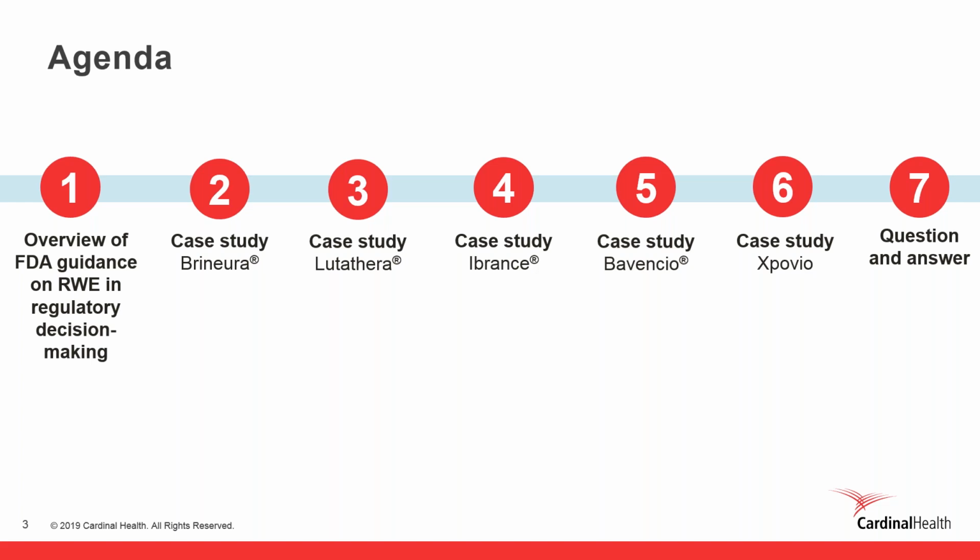So we will cover 5 cases that have used data in that fashion. They cover both oncologic and non-oncologic conditions, and we hope that they're a good representation of the variety of scenarios in which real-world data and real-world evidence has been put to the regulatory test.